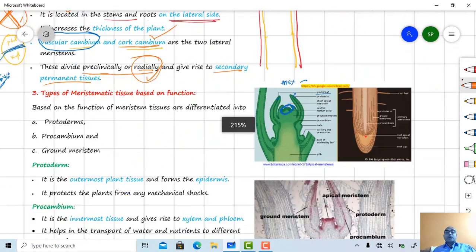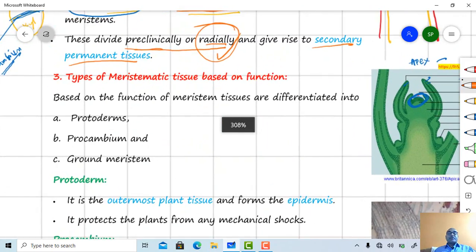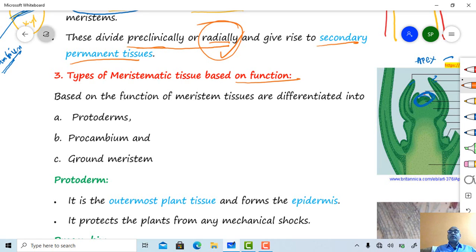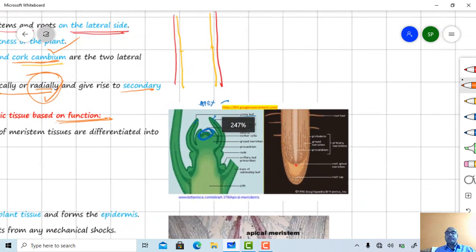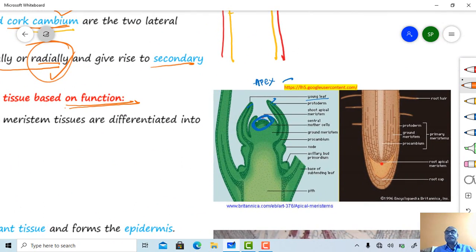Okay, and the third one, types of meristematic tissue based on their function. So based on function, there are three types: protoderm, procambium and ground meristem. Where is the protoderm, where is the ground meristem, and where is the procambium? See here, this is a figure.